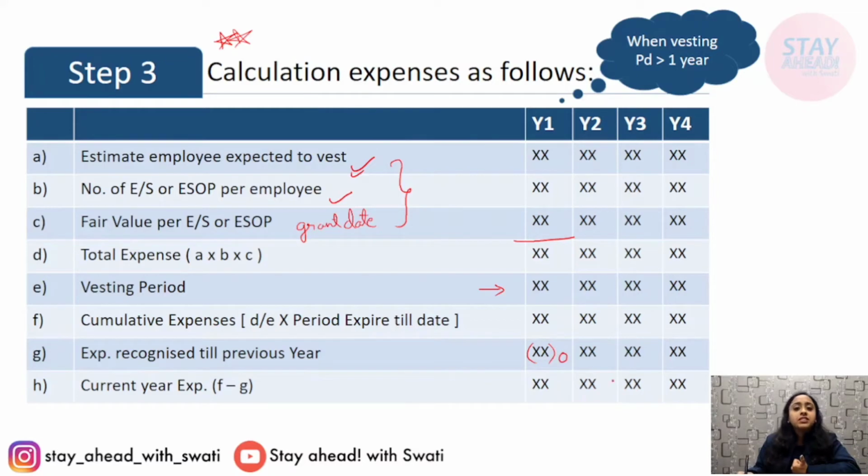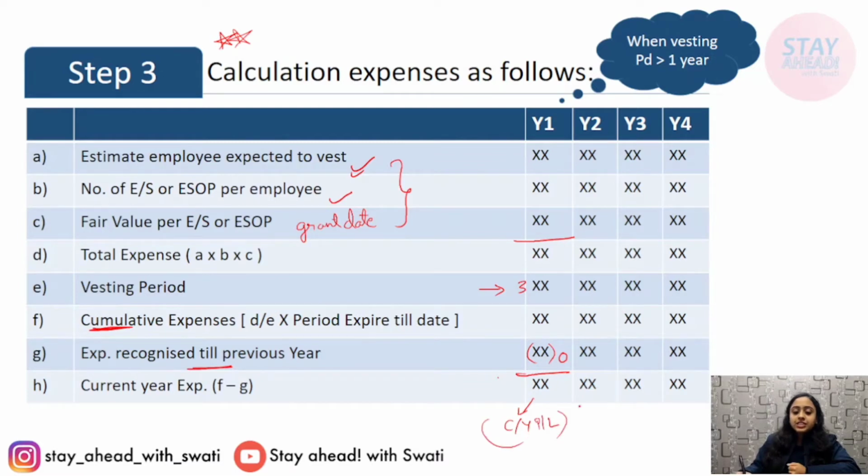For upcoming years it is the amount that has been recognized in the previous year's P&L. For example, in the first year with a vesting period of 3, you will do F minus G, that is cumulative expense minus expense recognized till date. This will be charged to the current year's P&L.